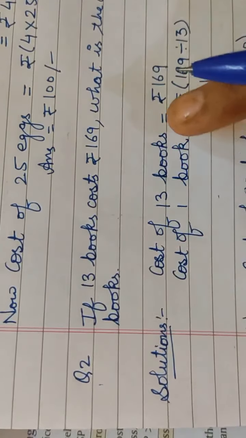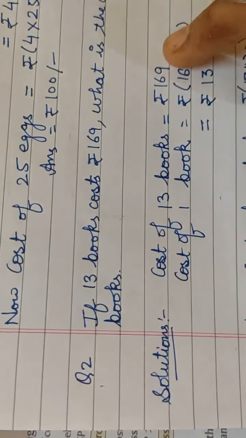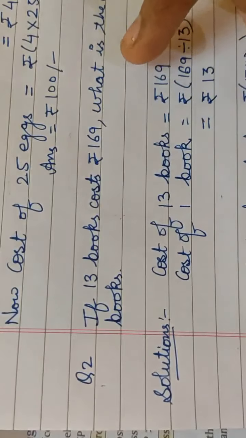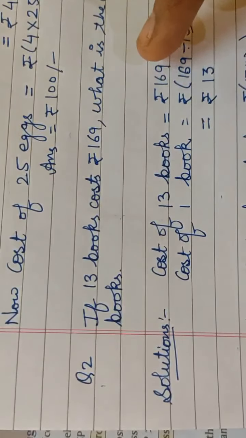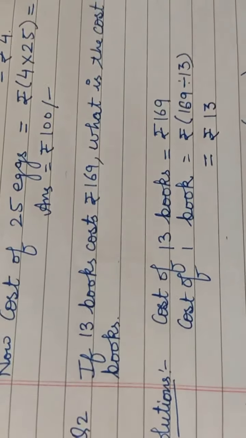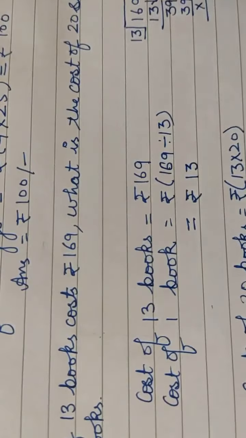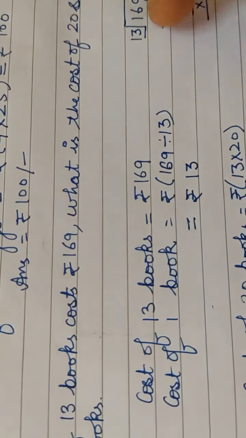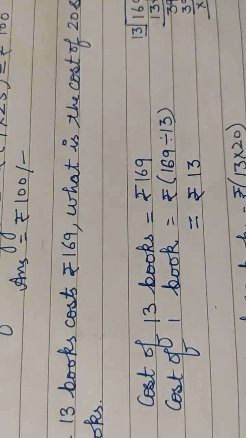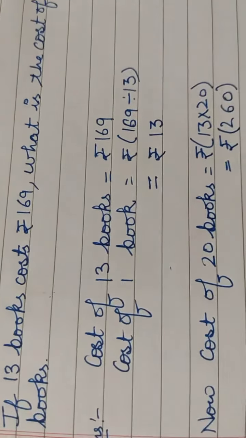The cost of 13 books is equal to rupees 169. So the cost of one book will be equal to, you will divide rupees 169 by 13. See students, I have shown the division here. When you divide 169 by 13, you will get the answer as 13. So the cost of one book is equal to rupees 13.